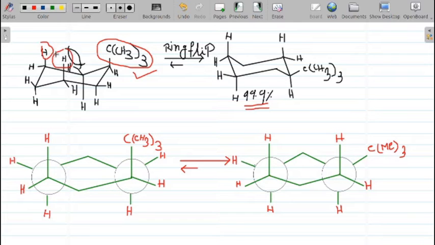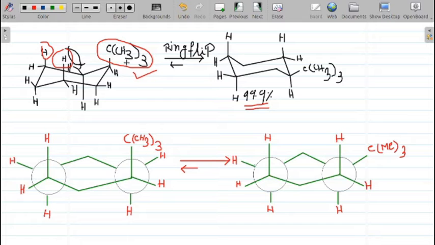Okay, and we can say that the tert butyl group is a very big substituent compared to the hydrogen atom.